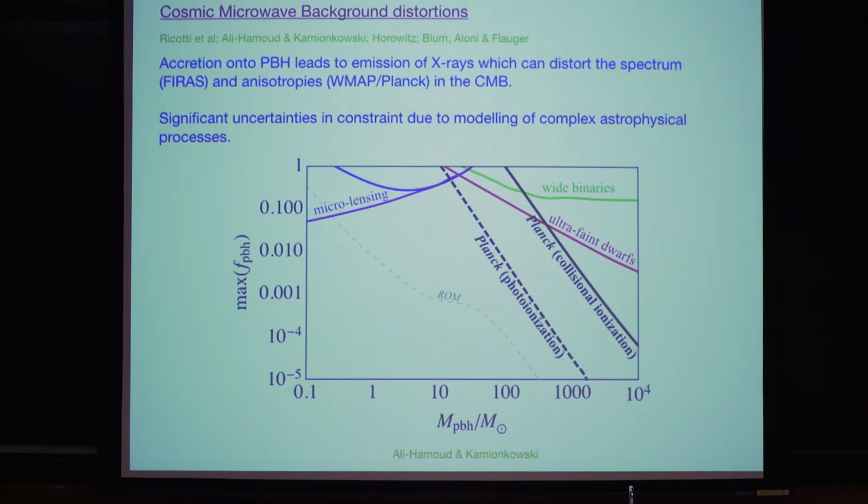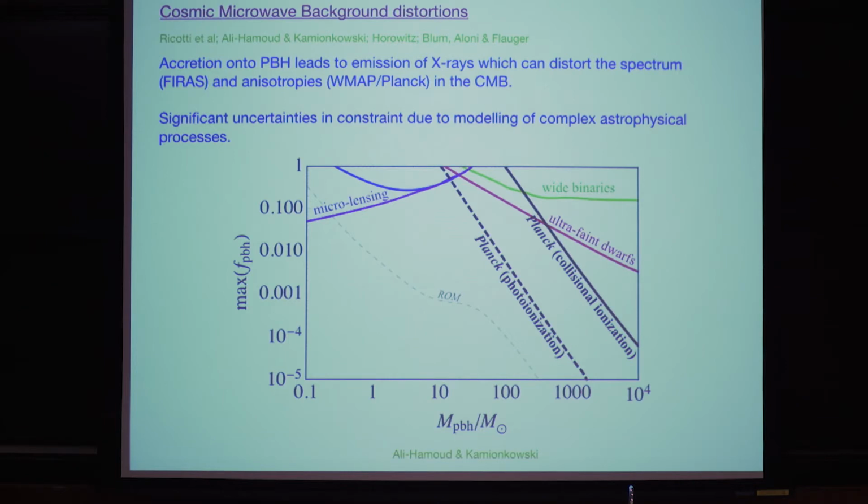Here, the difficulty is that you're modelling some really quite complex astrophysical processes, in particular the accretion onto the black hole. So there are significant assumptions. This is some of the most recent work from Ali Hamoud and Kamil Jankowski, and here are their two constraints depending on exactly how things happen, and the idea is that the reality lies somewhere in between those two lines.